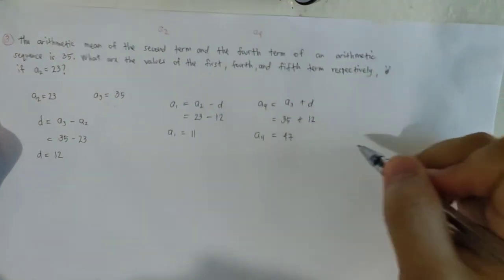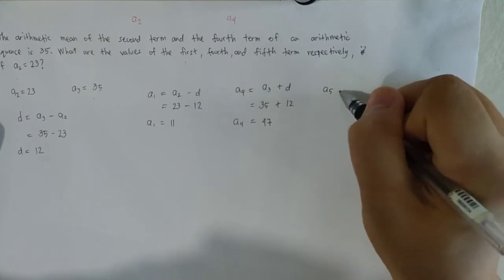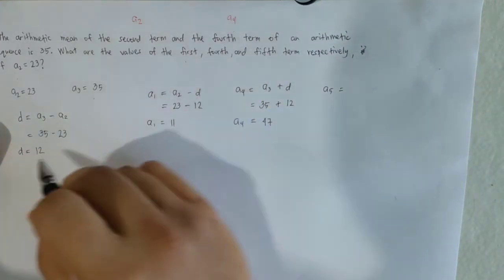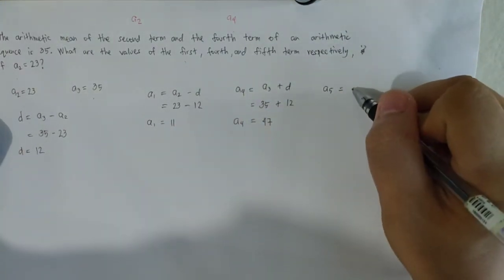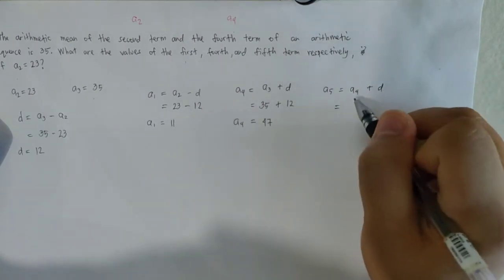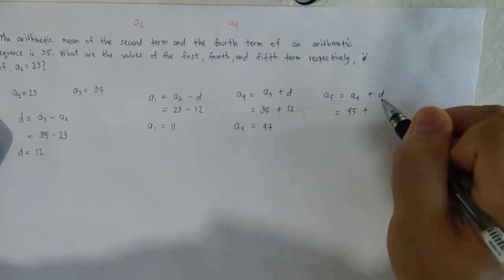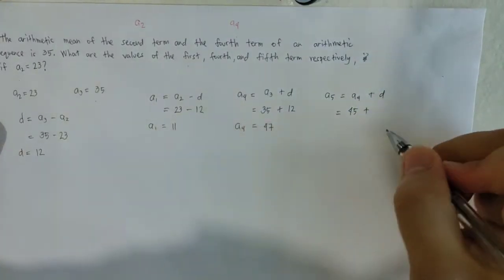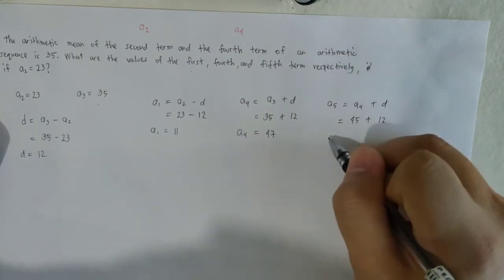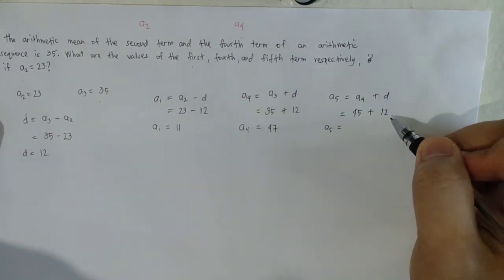Last, a sub 5. Paano makuha yung a sub 5? Add lang natin yung a sub 4 and yung difference natin or common difference. So, a sub 4 plus D is equal to, anong value ng a sub 4? 47 plus, anong value ng D? 12. So, a sub 5 is equal to 47 plus 12.